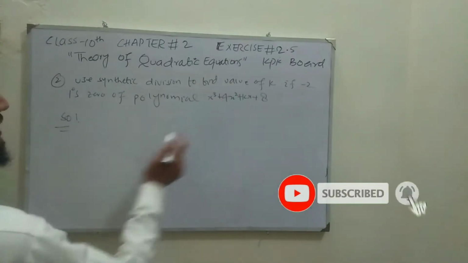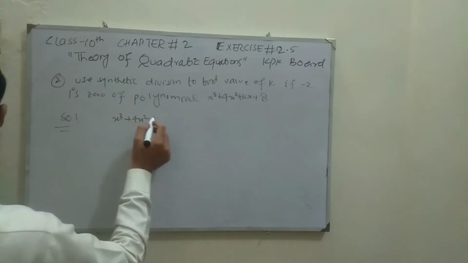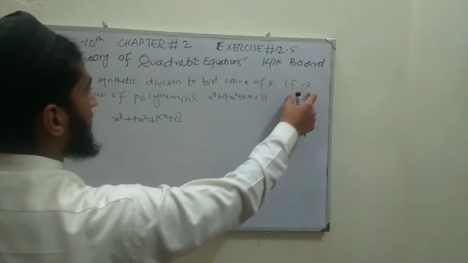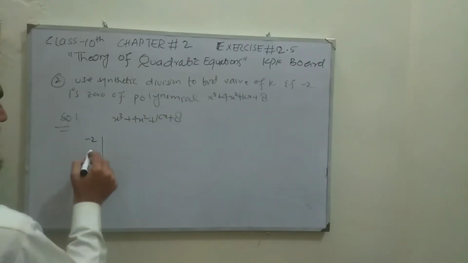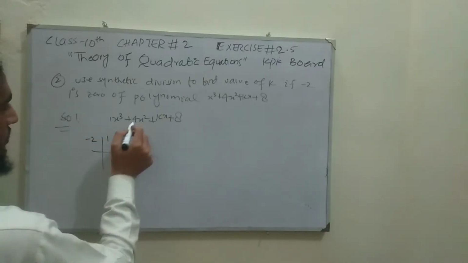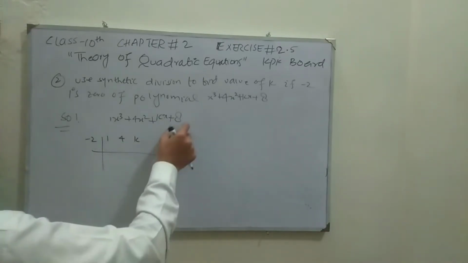Taking the given polynomial x raised to power 3 plus 4x squared plus kx plus 8, minus 2 is actually the root of the given polynomial. So minus 2 inside, we are left with the coefficient of x cubed, which is 1, for x squared the coefficient is 4, for x the coefficient is k, and at last the coefficient 8.